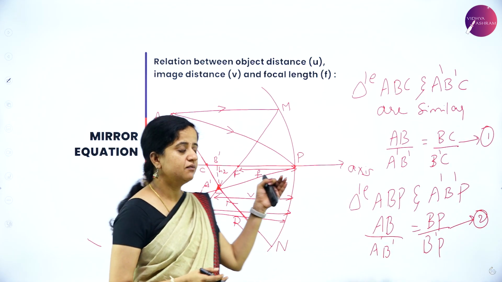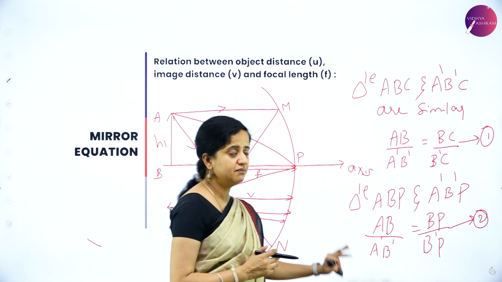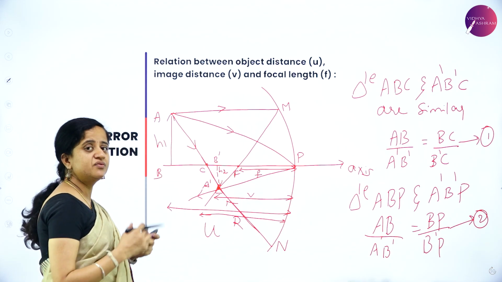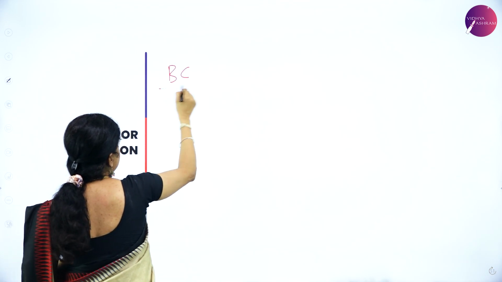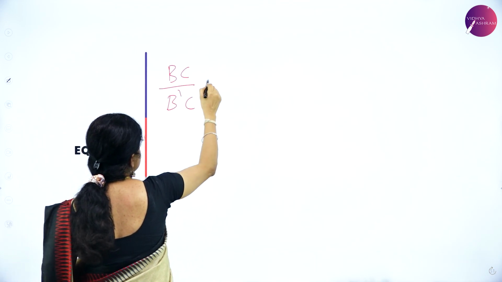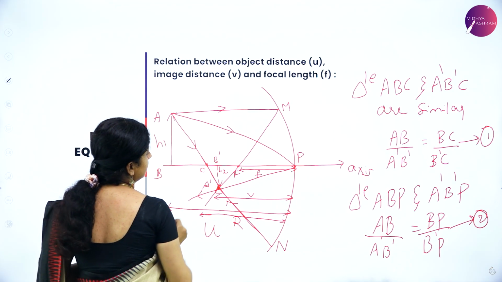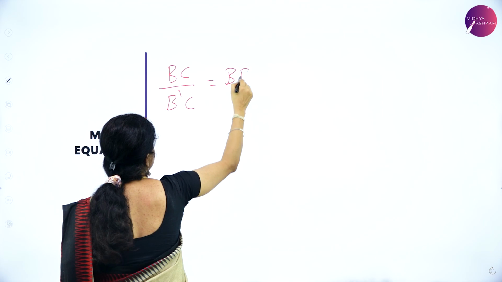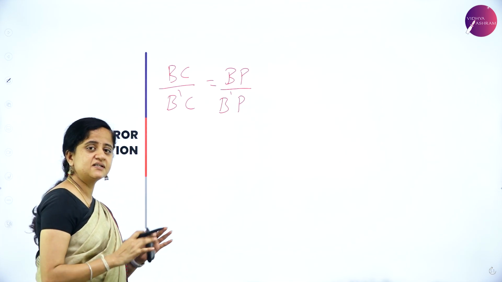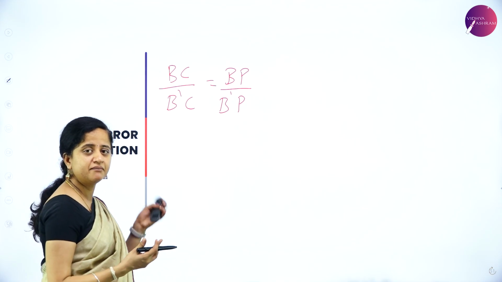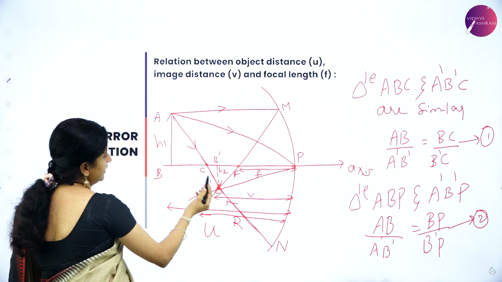Now look at equations 1 and 2. In both the equations, the LHS is the same but the RHS is different. So we can equate the RHS: BC divided by B dash C is equal to BP divided by B dash P. Now let us reduce this to a simple form by substituting in a convenient way. What is BC according to the diagram?